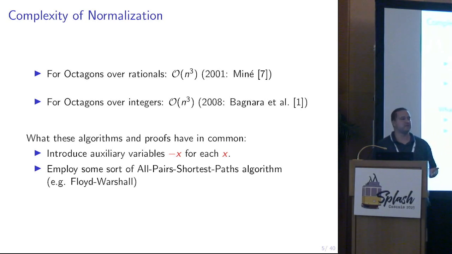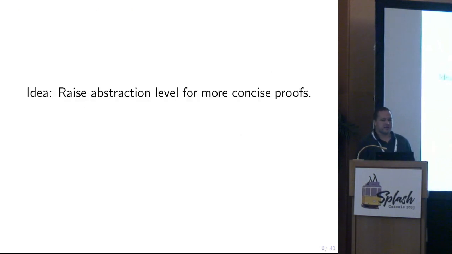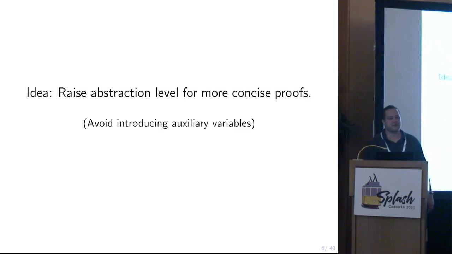And then they all employ some sort of all-pairs shortest path algorithm, such as the Floyd-Warshall algorithm. Our idea here was to raise the abstraction level of these proofs to maybe arrive at more concise proofs. And particularly, we wanted to avoid introducing these auxiliary variables.